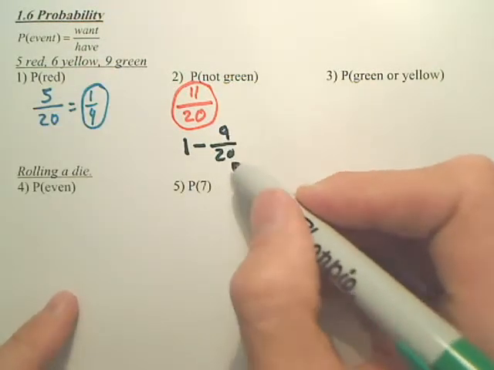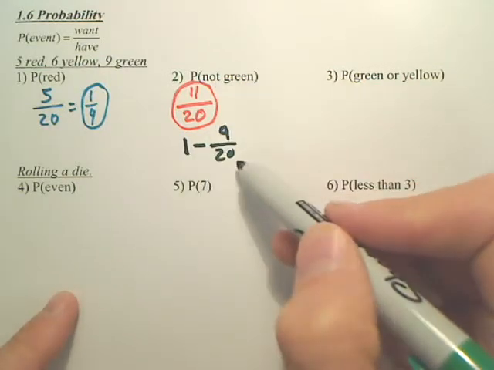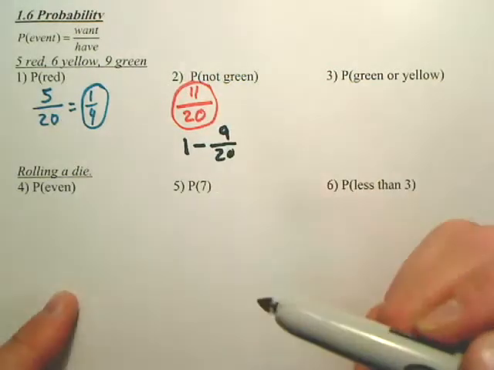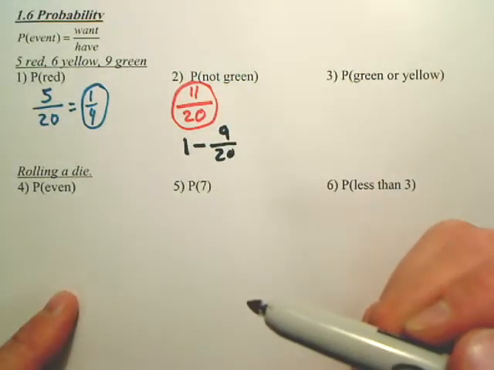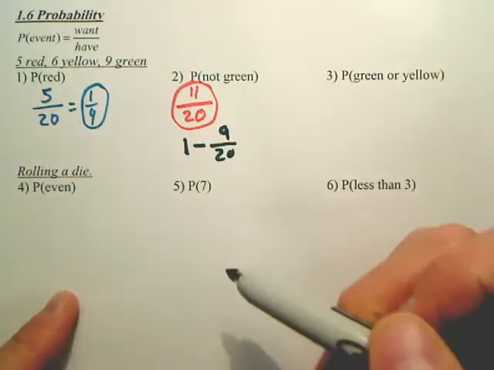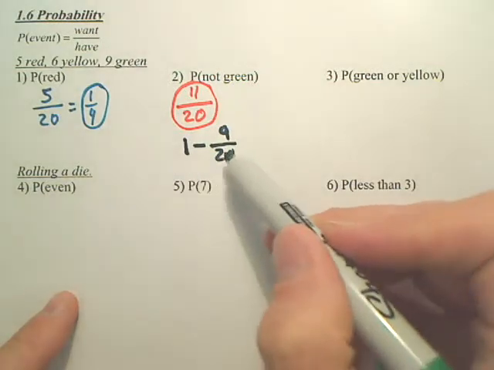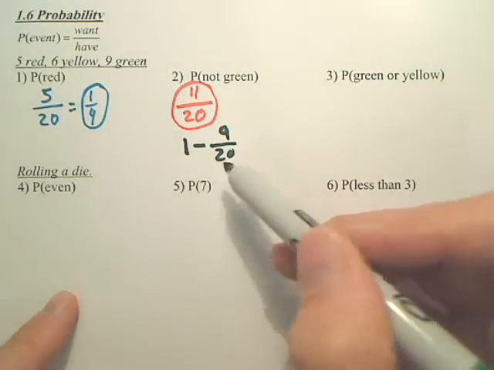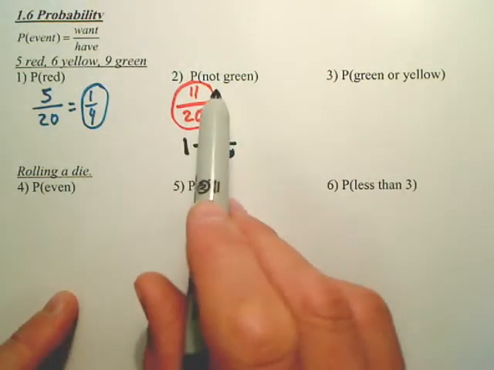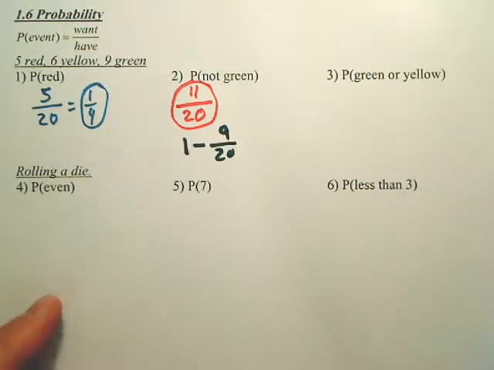No, green is 9 out of 20, right? 100% not green means minus green. Does that give me 11 over 20? If I take 100% minus the green, will that give me the same answer? Yes. I think it's more complicated to think of it that way, but it's kind of useful in the future. But for now, let's just think about what's not green instead of taking the 100% minus the green. So this is another way of getting it.